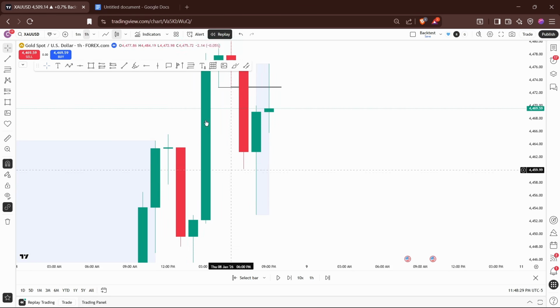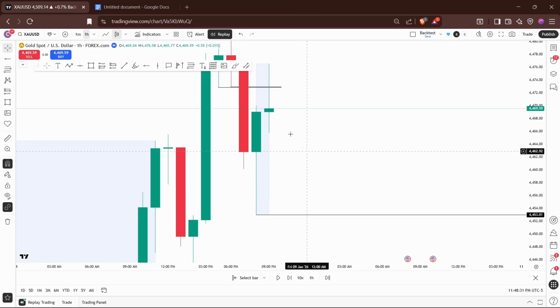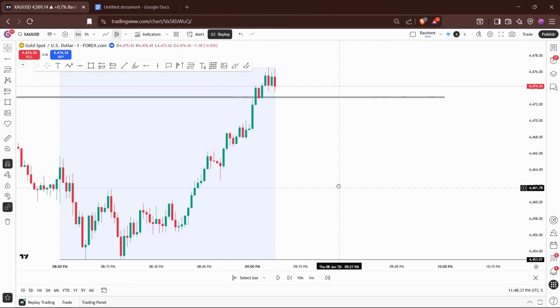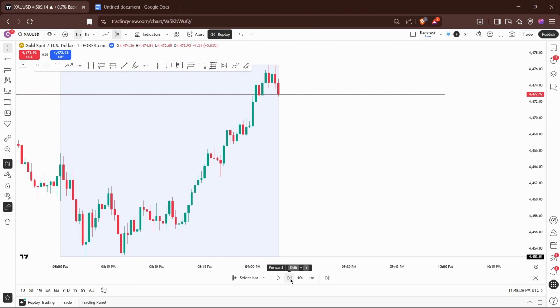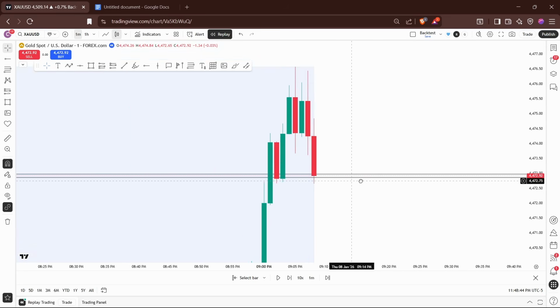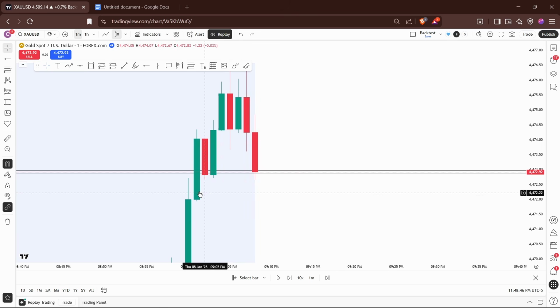This level becomes the target, and this is the level where you can see it forms an inverse fair value gap here, and another inverse fair value gap here.